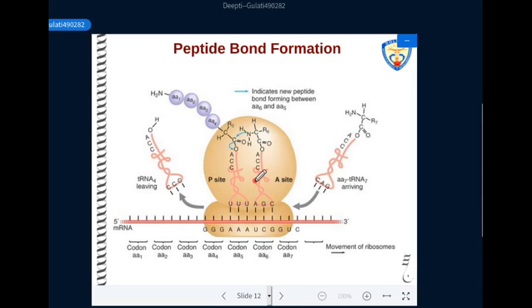So this picture shows peptide bond formation catalyzed by the enzyme peptidyl transferase. The activity is present in the large ribosomal subunit. Here we can see the polypeptide chain is extending.